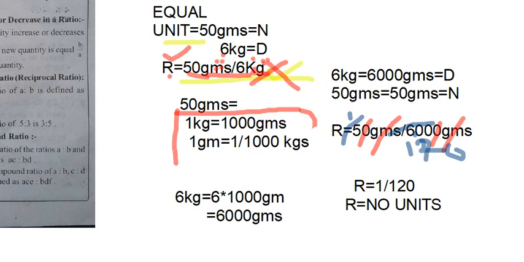Okay, point number 1. Now coming to our topic. What I explained here in detail, just observe it, and I will explain what is mentioned in our topic. Now see, where is the ratio?